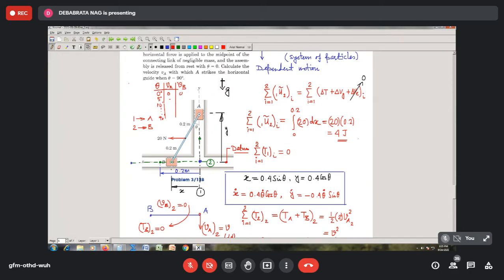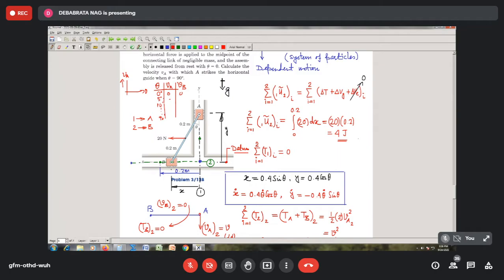That means you need to draw a graph plotting velocity on the y-axis, say VA, and theta here. Similarly, velocity VB with the variation of theta, or a single graph showing both velocities as functions of theta. So you may be asked to handle this problem.